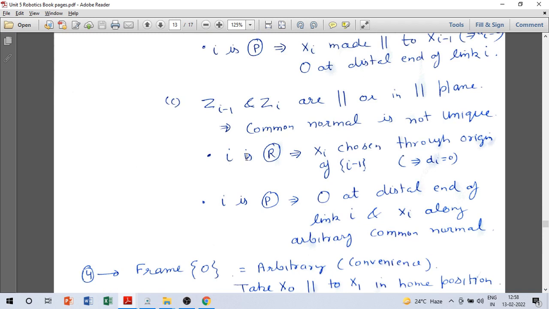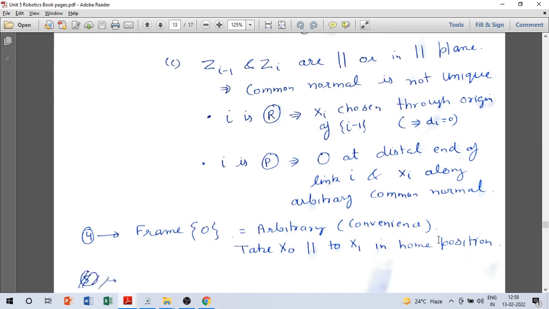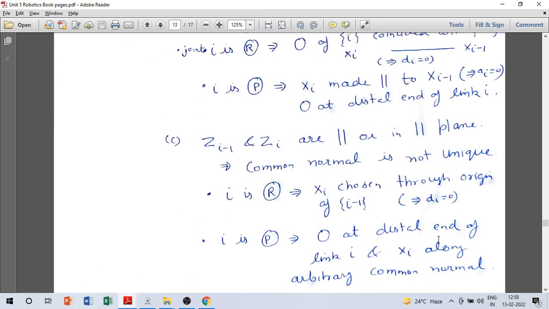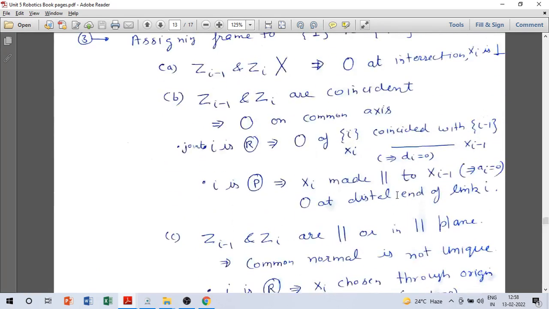If joint i is revolute, then x_i is chosen through the origin of frame i minus 1. If joint i is prismatic, then the origin is taken at the distal end of link i, and x_i is taken along an arbitrary common normal.